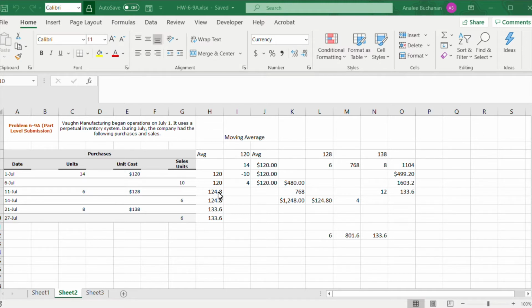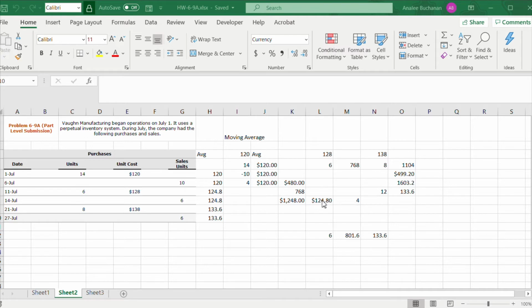Then we sell 6 more units, and the average, since we haven't bought any more, is still 124.80. Then we purchase 8 more units, and this time they cost us 138. So we take 8 times 138, and we get 1104, and we still had 4 units left at 124.80.